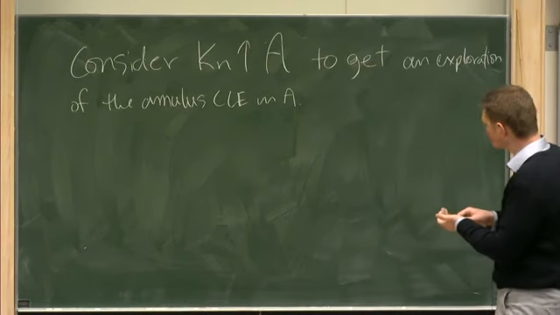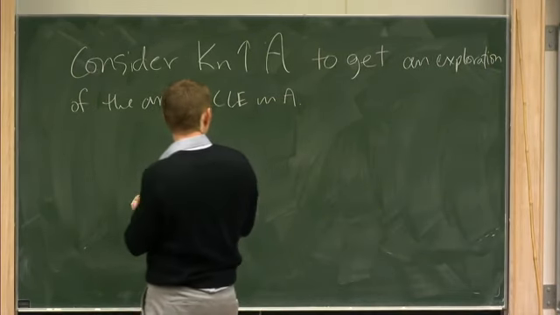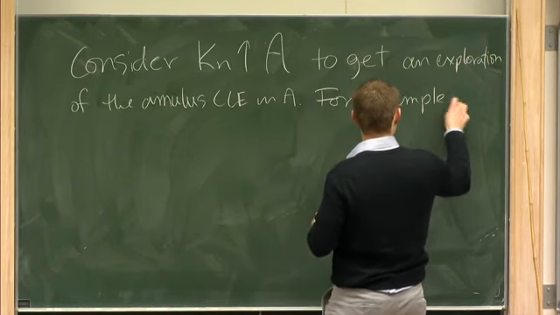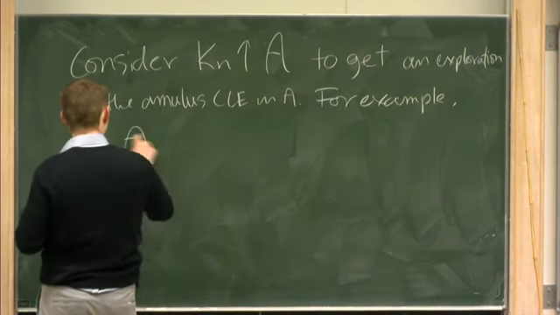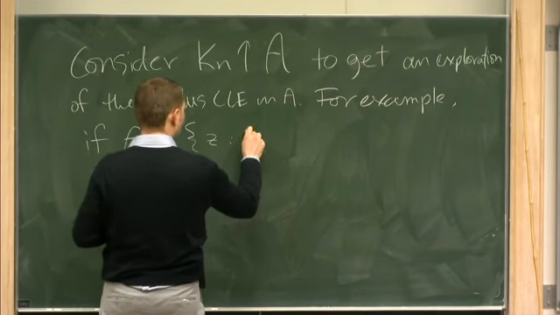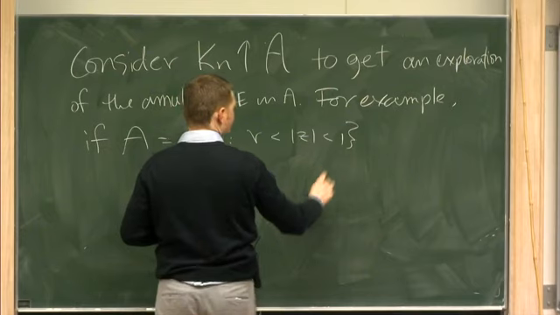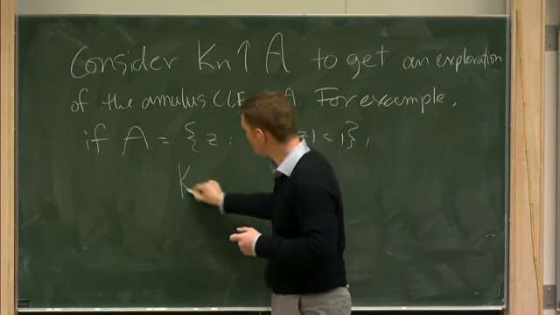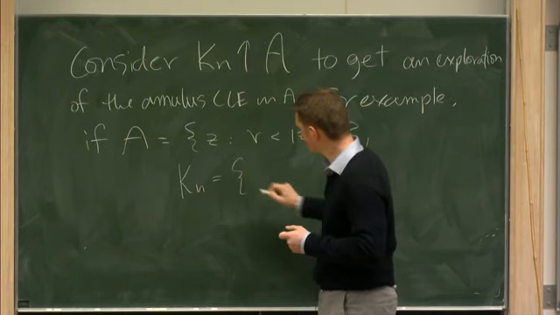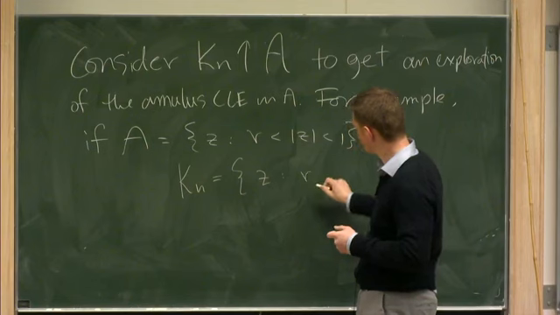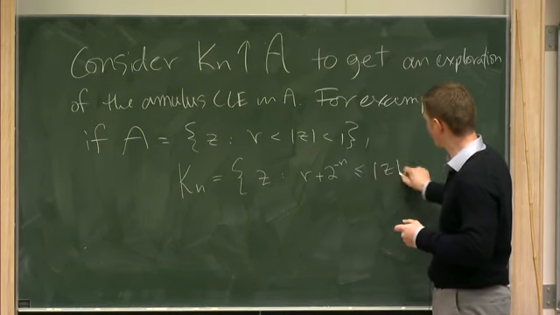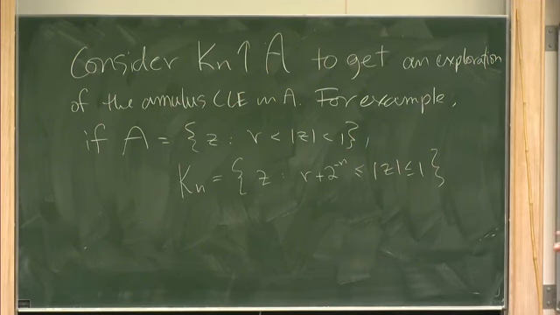For example, if A is just a regular annulus, so all the space between R and 1, then one example of something you could choose for K_n would be all the z's just a little bit away from the boundary, and then let n go to infinity.